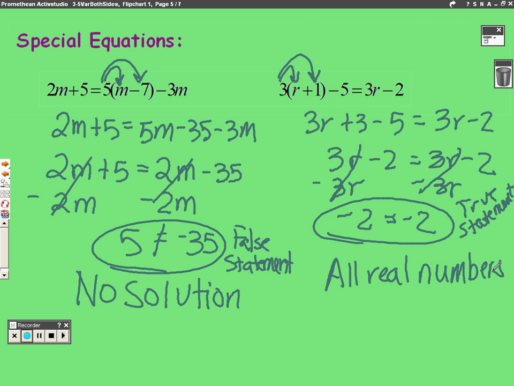Meaning I could substitute any value in for r to check my work, and no matter what you substitute in, you've got a correct answer, okay? So there's an infinite number of solutions here, okay? And this is actually called an identity. And that just means that any number is going to solve your equation for you.